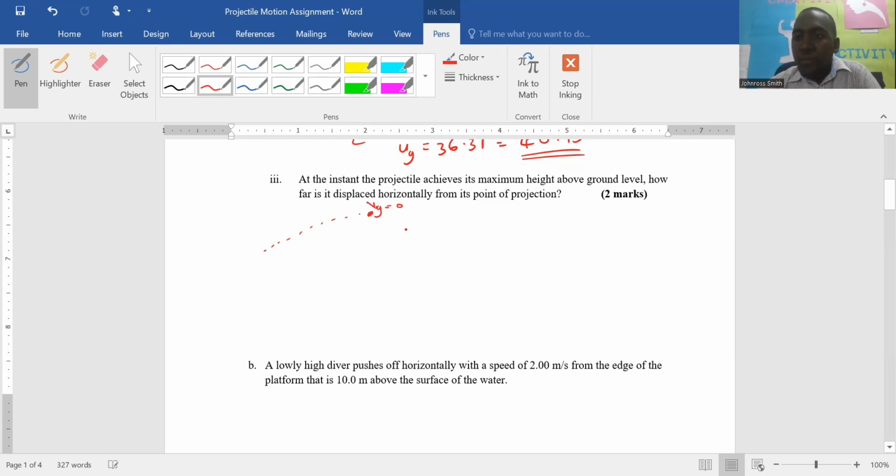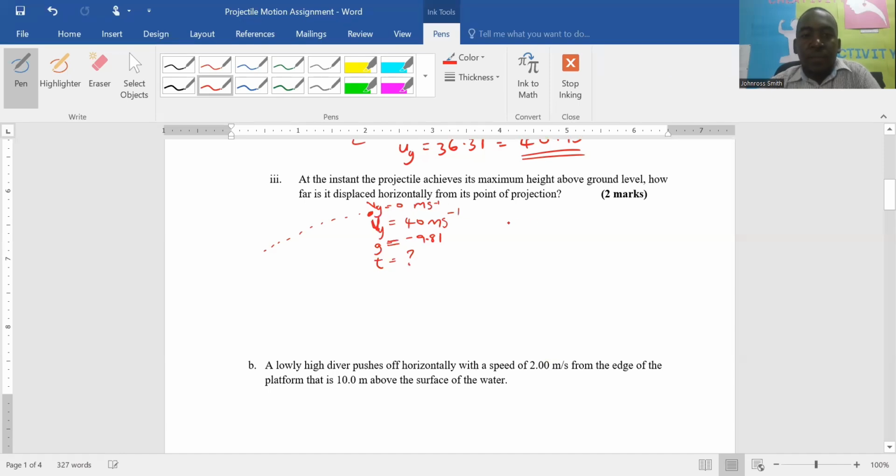We know the initial Vy, or let's call it Uy, is the one we just found, which is 40 meters per second. We know its final Vy at maximum is 0, and we know its g is negative 9.81. Then we can find the time it takes to reach the maximum height, and then we use that time to find the horizontal distance.